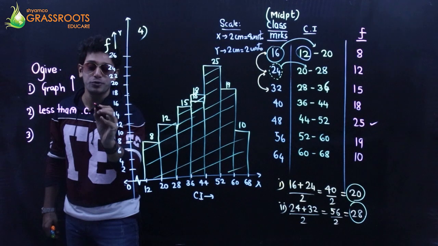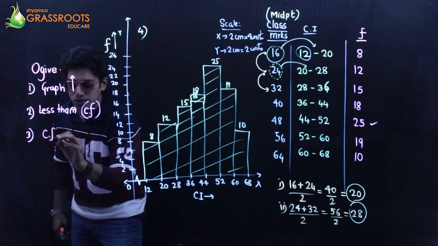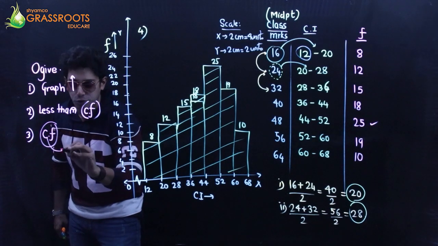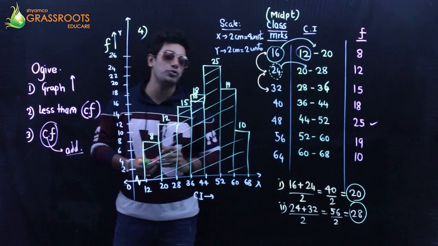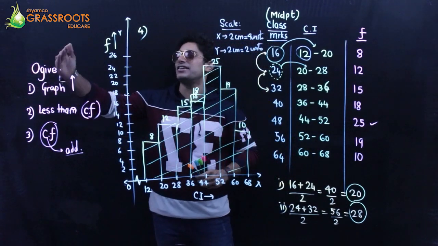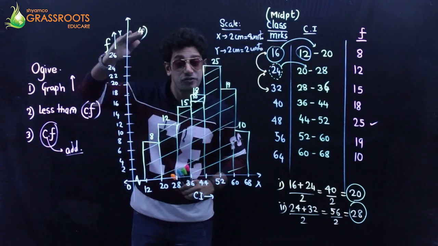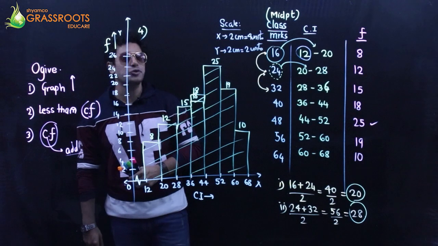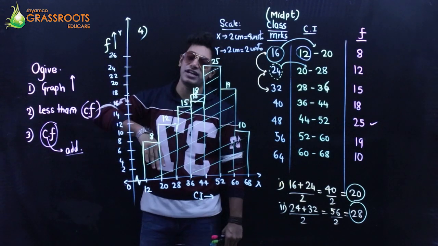I have to first find out the cumulative frequency. Accumulate, add. So 3 things are there to be focused on in ogive. Ogive is always an increasing curve. Second, we have 2 types of questions: less than type, more than type.